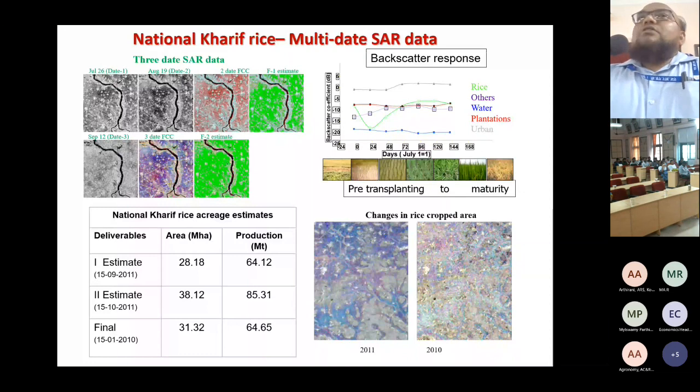Say, for example, I'm an agronomist and I want to know the crop, so I should know its phenology. If I have maize in one field, and in the next field I have bajra or jowar sown, then they are phenologically similar.